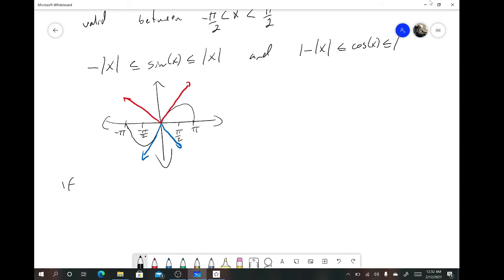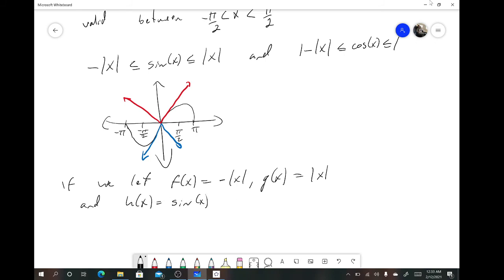So if we let f of x equal negative absolute value of x, and g of x equal the absolute value of x, and h of x equal sine of x, then we see, actually, let's be consistent, I was calling g the one in question, so this is going to be the upper bound, so the absolute value of x.